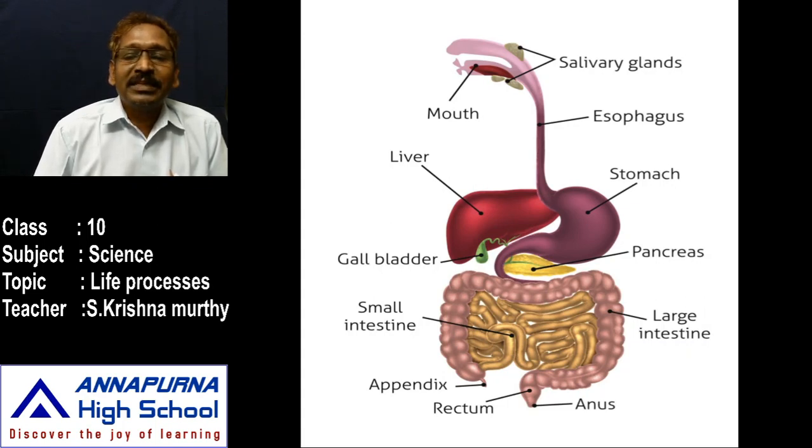To pass into the stomach easily, the wall of the esophagus makes contraction and relaxation. While the circular muscles contract, the longitudinal muscle takes rest, and after completion of the contraction, the longitudinal muscle relaxes. While making contraction and relaxation, the food passes towards the stomach.